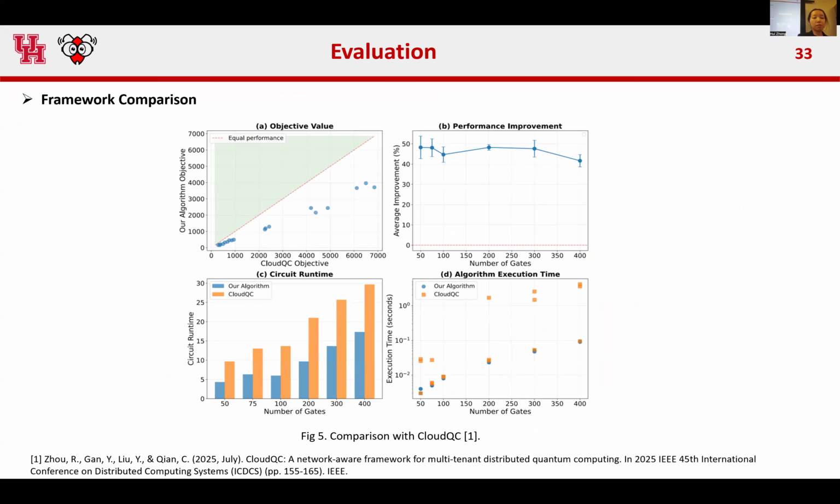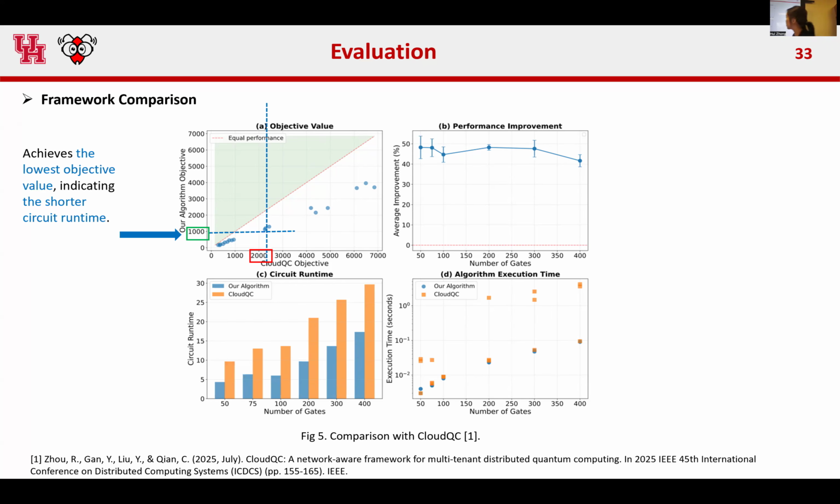Then, as a framework comparison, we compared our work with Cloud QC. For the first figure, we can always achieve the lowest objective value, which indicates a shorter circuit runtime. For example, in this case, for Cloud QC the objective value is 2000, while for our method the objective value is only 1000, so it's far less than Cloud QC.